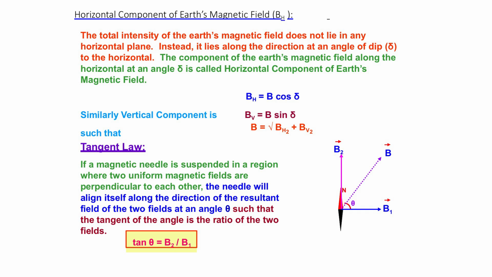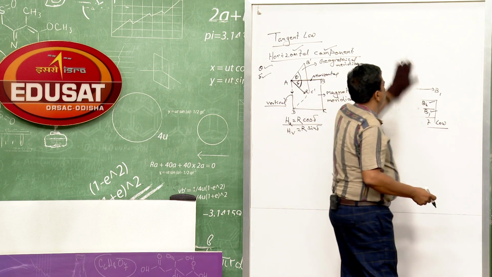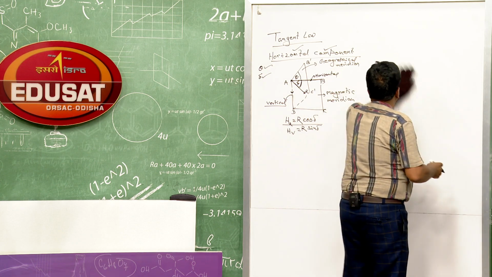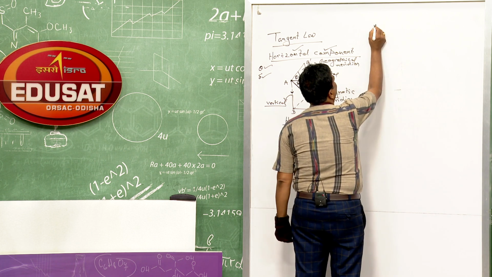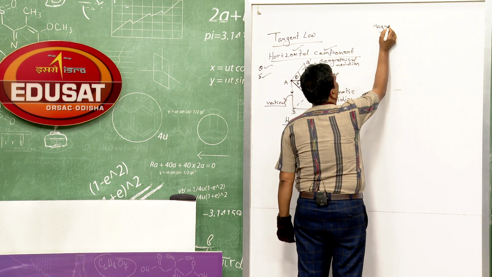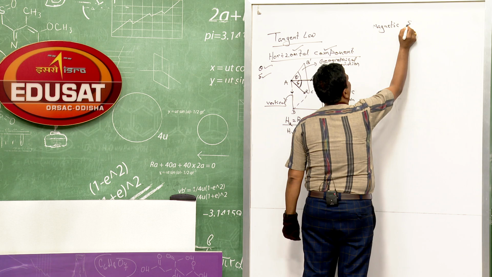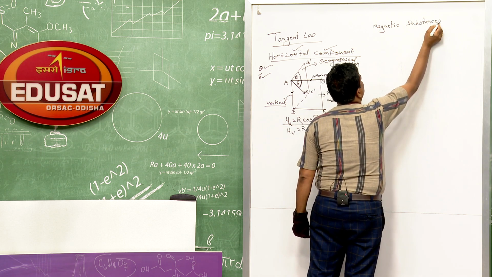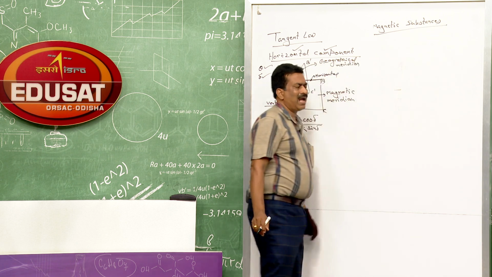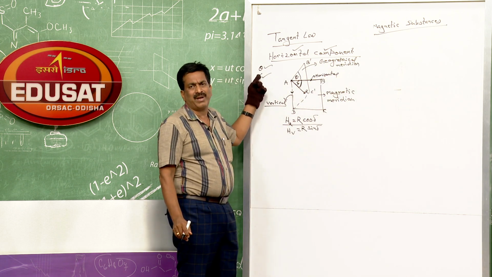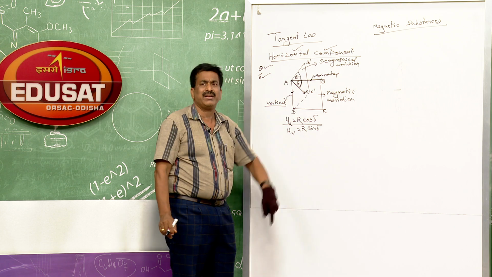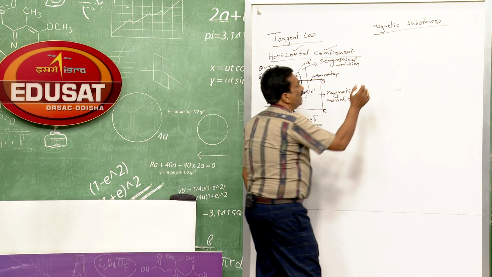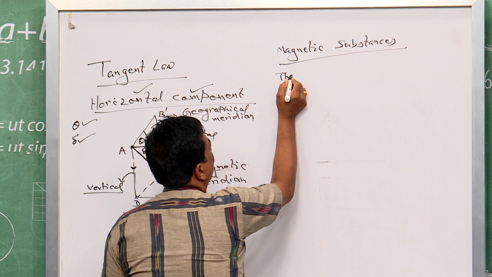And now we are going to discuss another thing, that is known as magnetic substances. And these three here are known as the magnetic elements, they are magnetic substances. So, what are magnetic substances?